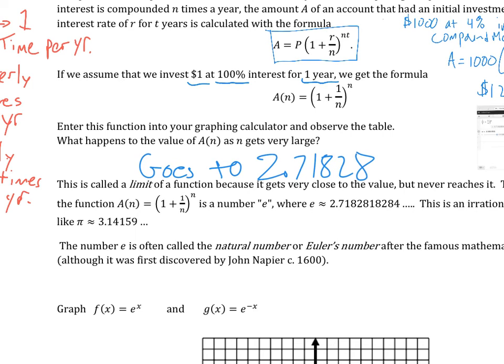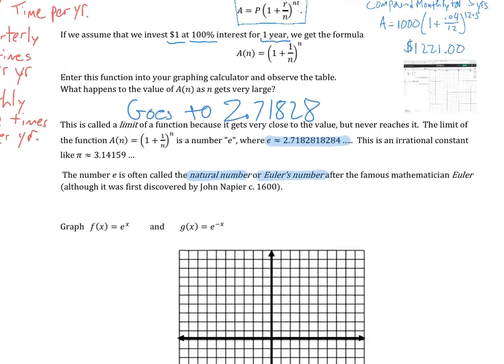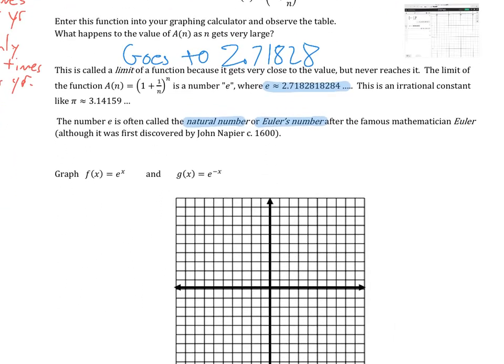We call that e. It's like pi. Pi is 3.14159, you've seen that before. Well, this is called the natural number, or Euler's number, 2.71828. It shows up in lots of places, especially in things related to algebra and calculus.